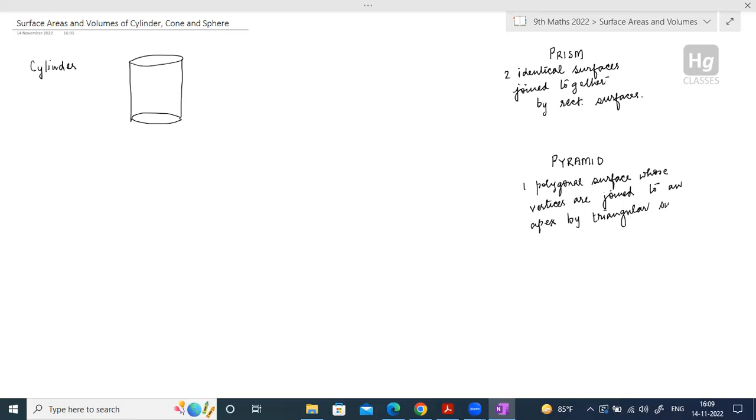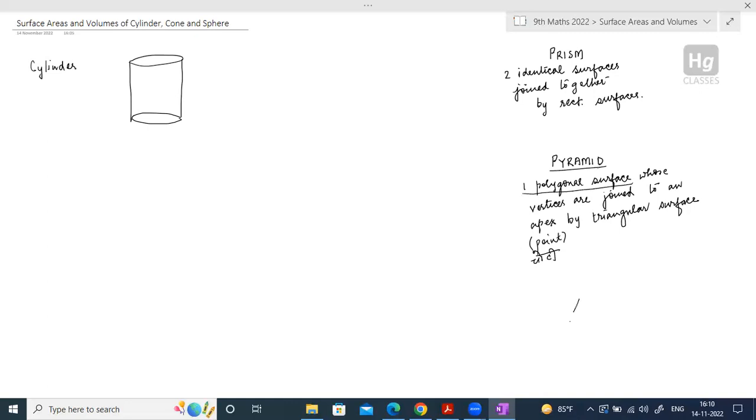What do you mean by apex? Apex is just a single point, the top of the pyramid. In Hindi, it is known as choti, like the top of a mountain, right? So if you go by this definition, we are saying one polygonal surface.